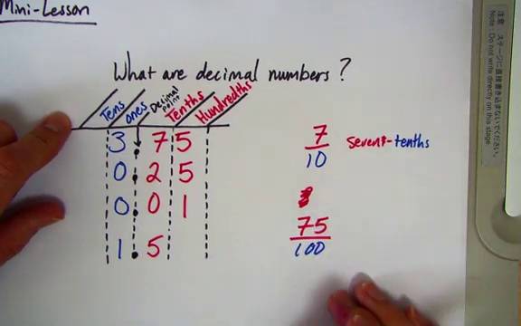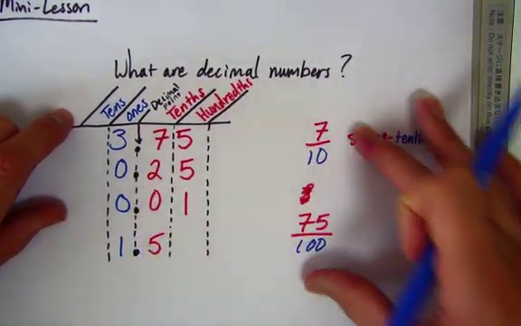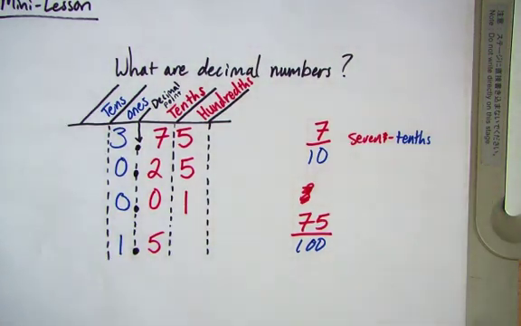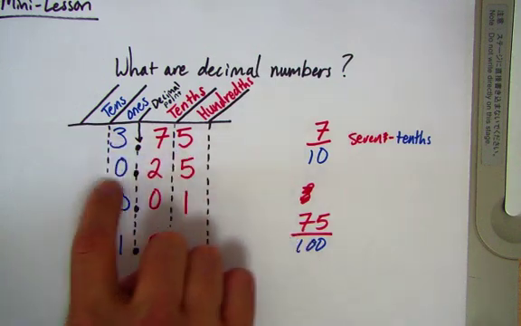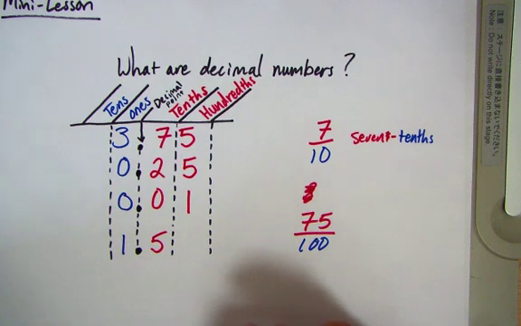There's the fraction. You say decimal numbers exactly the same as you say fractions. Okay. Hopefully that was clear enough. Let me do a little quick review, and I'll read all these decimal numbers and see if you can get them before I do. Okay, here we go.